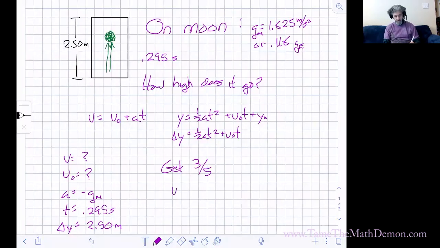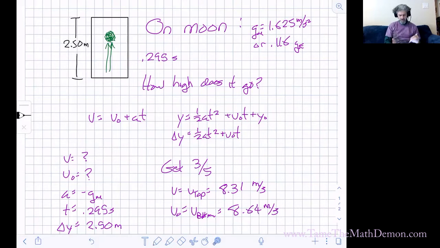Let's just assume you can plug in the numbers and find that what I called v, the velocity at the top of the window, is about 8.31 meters per second, and v naught, which would be v at the bottom of the window, is about 8.64 meters per second.